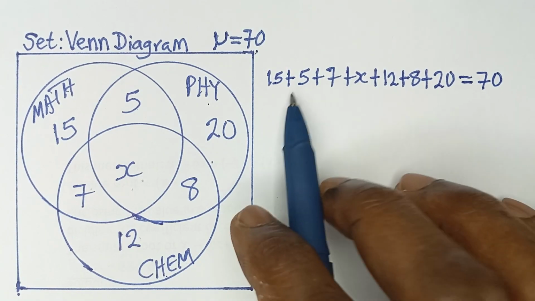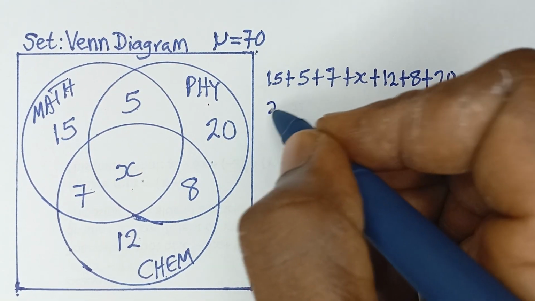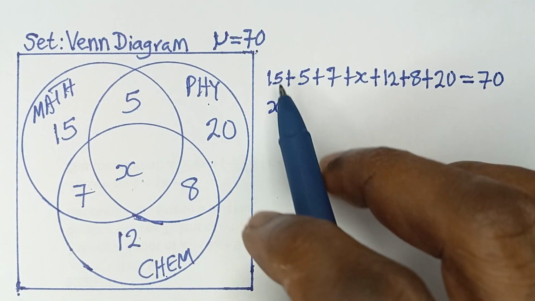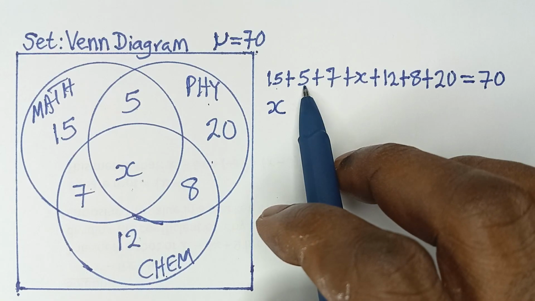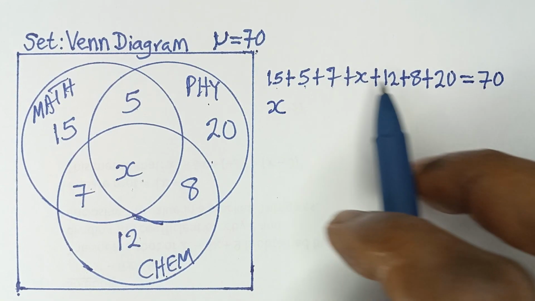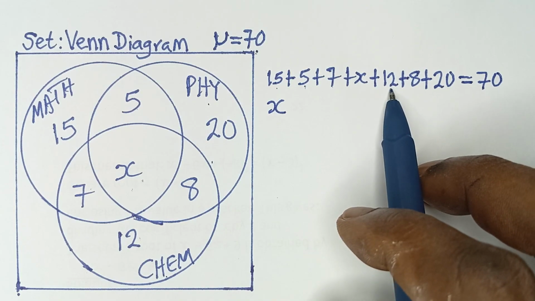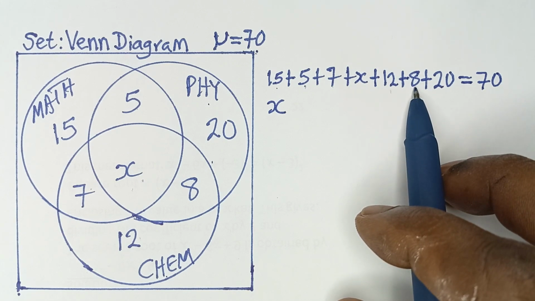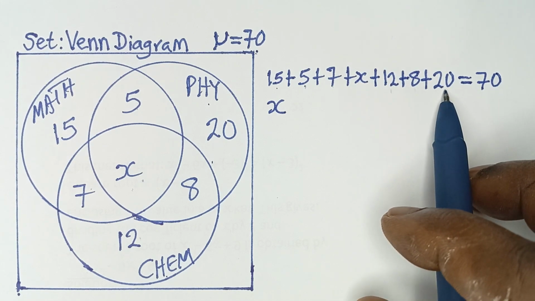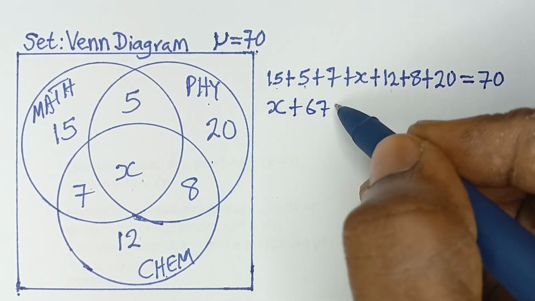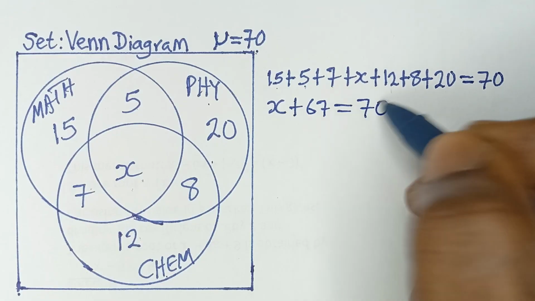Let me write x first, and then add all the other constant values. 15 plus 5 is 20. 20 plus 7 is 27. 27 plus 12 is 39. 39 plus 8 is 47. And 47 plus 20 is 67. So I have x plus 67, and that will give us 70, the total number of students.